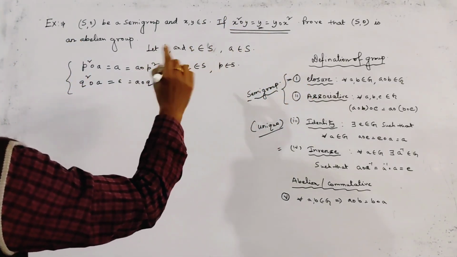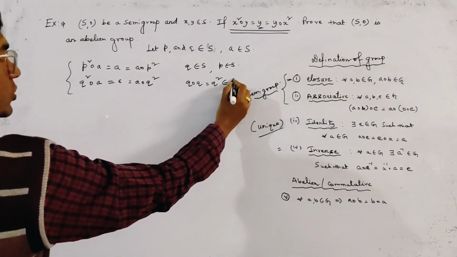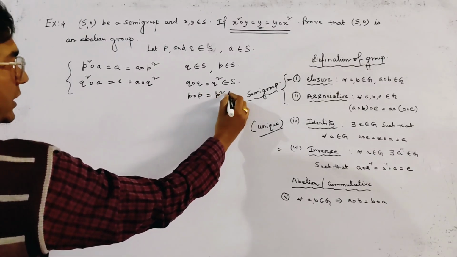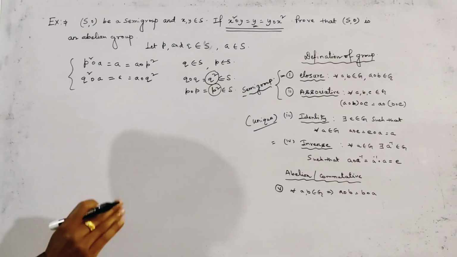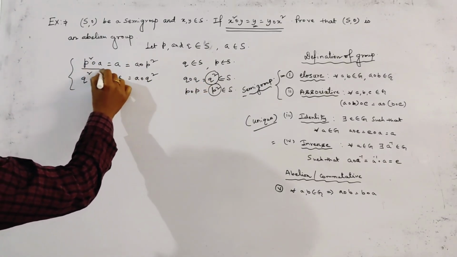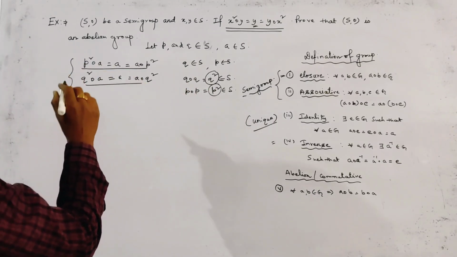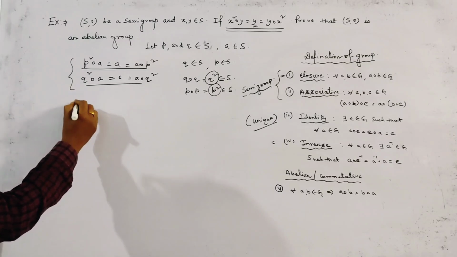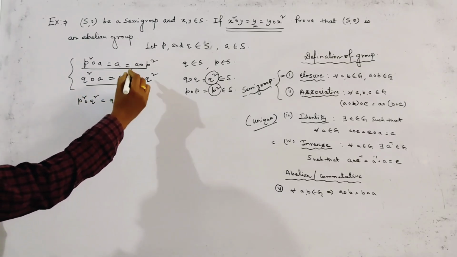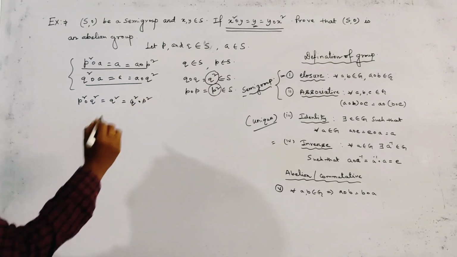So using the closure property we may write q ∘ q, this is q², belongs to S. Also p ∘ p, this is p², also belongs to S. Now we put q² in place of a in the first relation, and we put p² in place of a in the second relation, and we get two relations: p² ∘ q² equals q², which equals q² ∘ p².